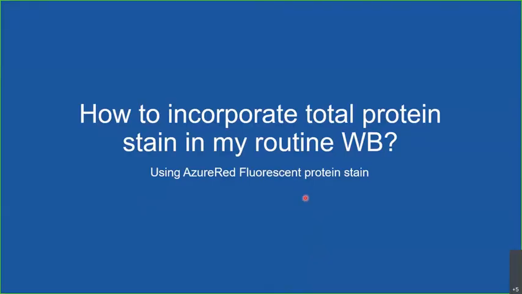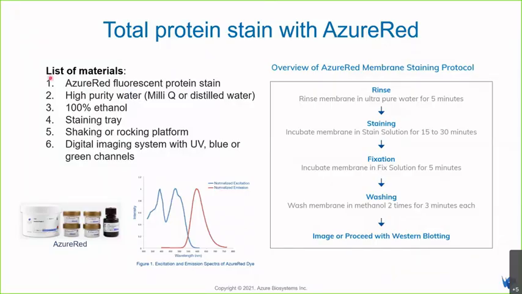Next is, once you choose your total protein stain, how to incorporate the stain into your routine Western blotting protocol. I'll be using AzureRed as an example. Here's a list of materials you have to prepare in order to prepare the solutions for the total protein stain, which is AzureRed here.